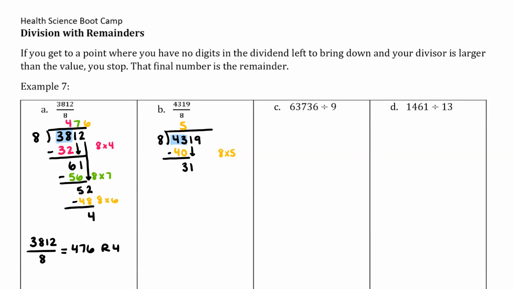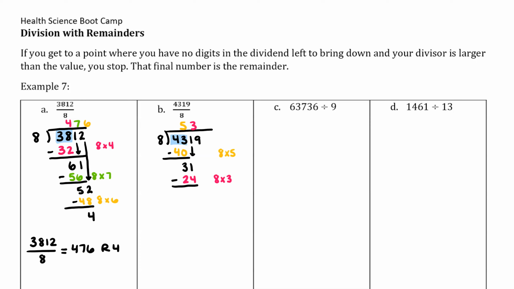Let's do it again. What can I times 8 by to get close to 31? Well, I could do 8 times 3 in my multiplication table. That was 24, but 8 times 4 was too big. So 3 is going to go upstairs as part of my answer, and 24 is going to come downstairs for subtraction.